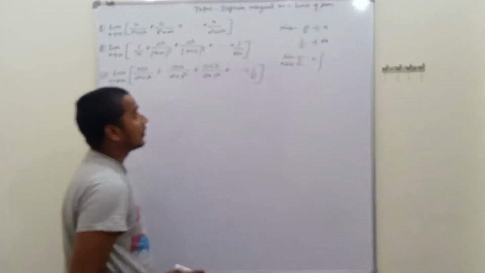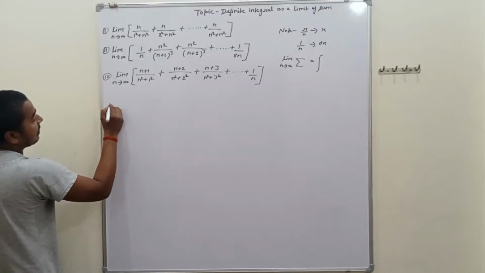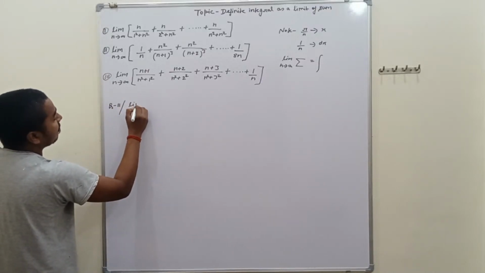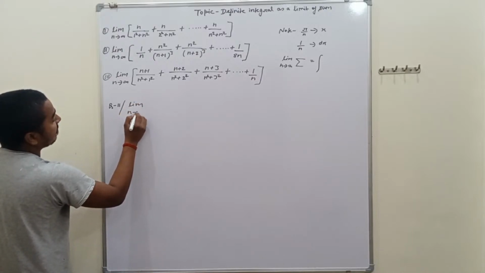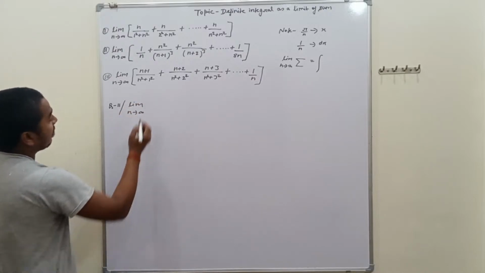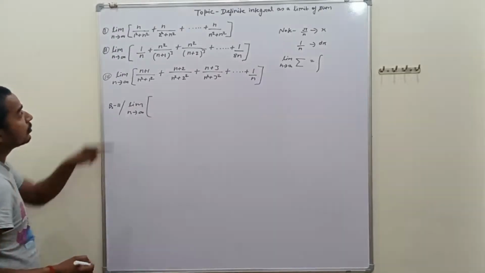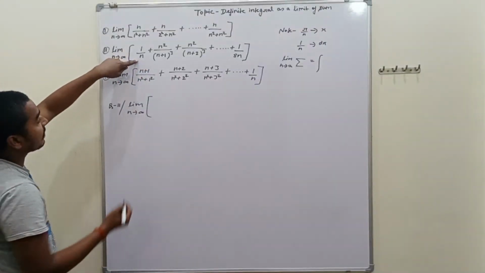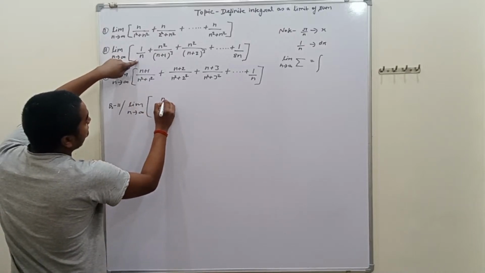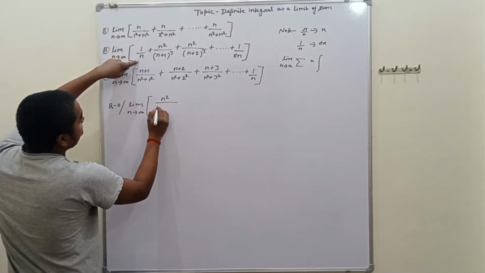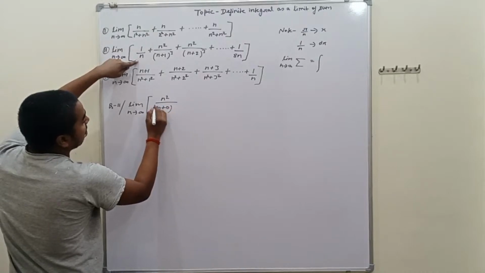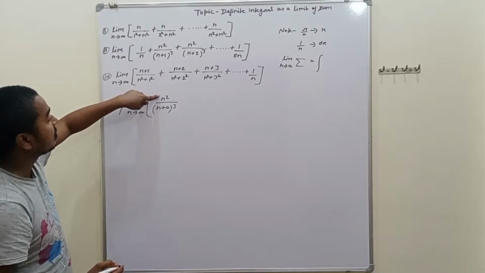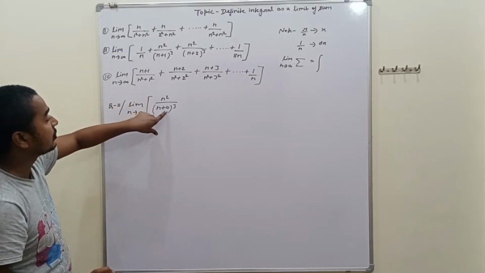We have to solve second problem, that is question 2. Limit of n tends to infinity. We have to write equation 2 in the given series. We can also do further modification, that is n square upon n plus 0 cube. 1 by n is written as n square upon n plus 0 cube.